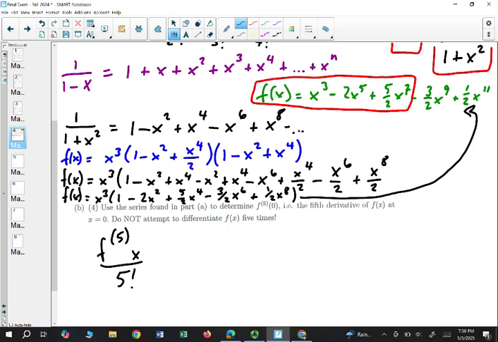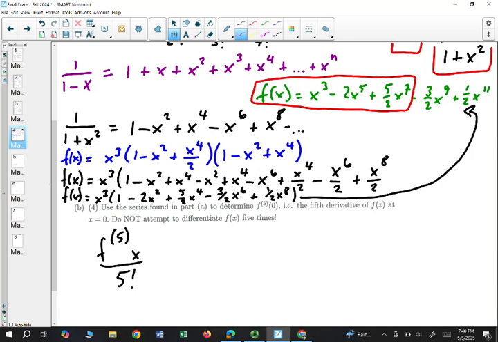Okay, what does this mean? So this really narrows it down to our term with our fifth degree. The fifth degree term is going to narrow it down and give us what the fifth derivative is, basically.